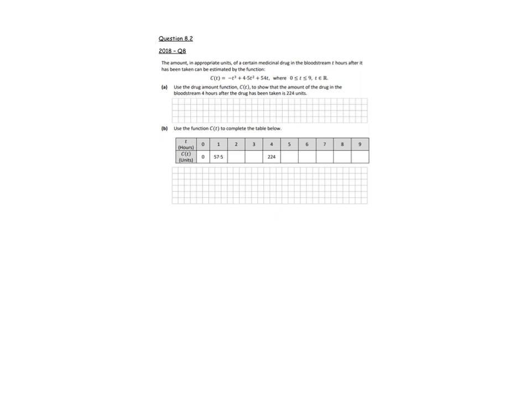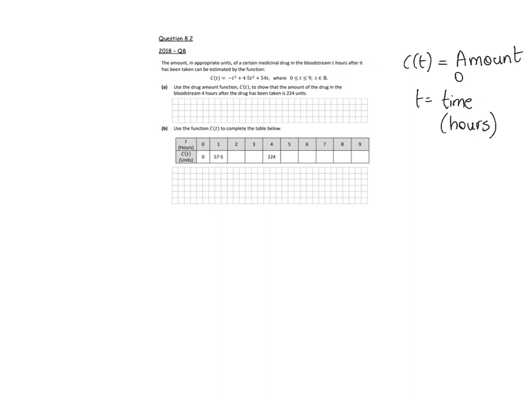Now, the best thing to do for this is just figure out exactly what everything means. We need to figure out what C(t) means, and we also need to figure out what t equals. It says here that t is hours after it has been taken, so t is time, and it's time in hours. And C(t), if you look at it again, is the amount in appropriate units of a certain medicinal drug.